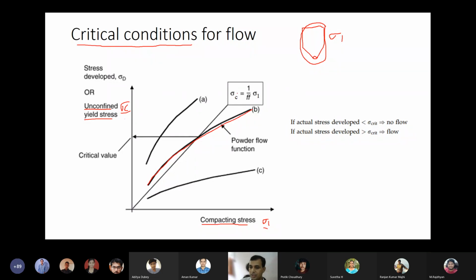Since sigma c is 1 over ff times sigma 1, if I take a line from the origin with a slope of 1 over ffc, it will touch this flow function at a certain point, and that will be the critical value.